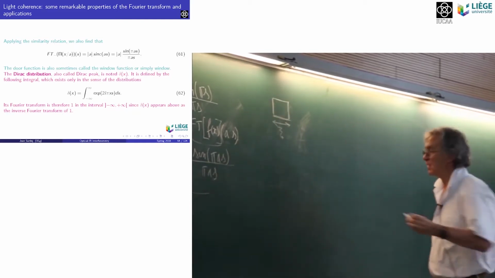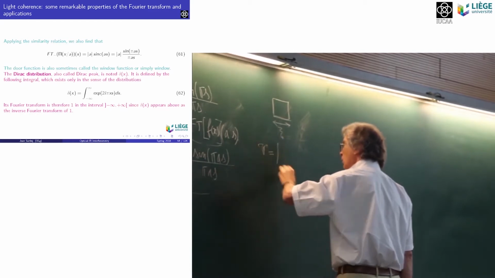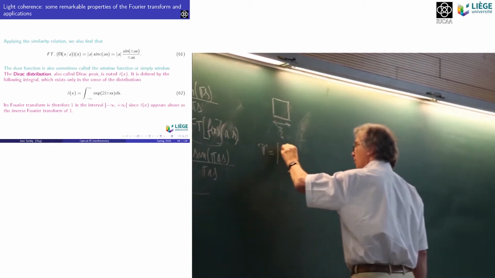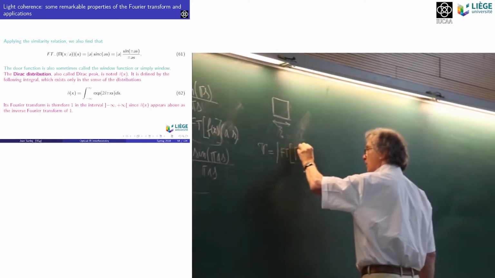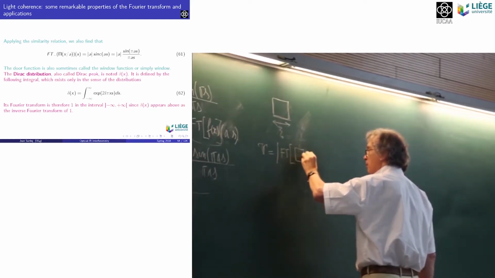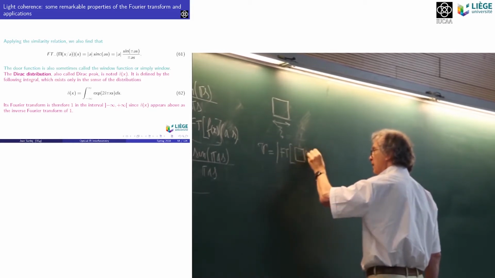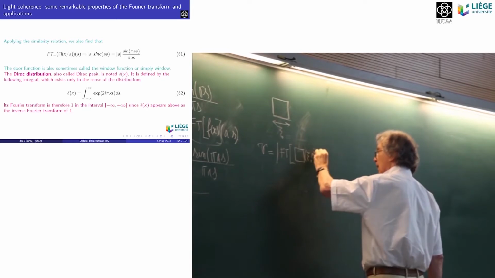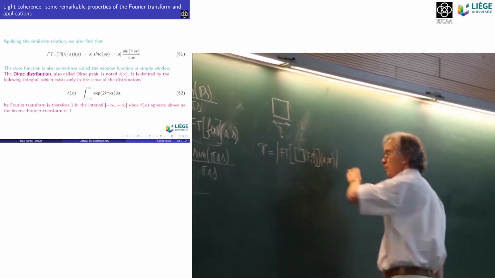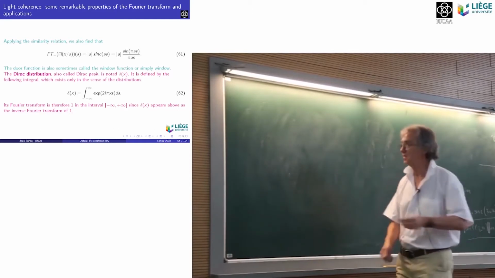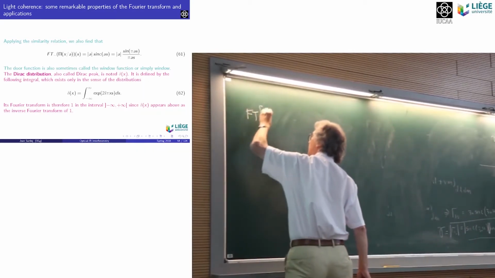We know that the visibility is equal to the module of the Fourier transform of this function, which depends on the coordinates zeta eta, as a function of the frequencies u and v. I didn't consider it last time: the Fourier transform of the Dirac function.